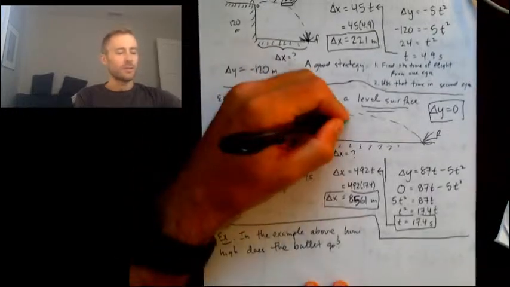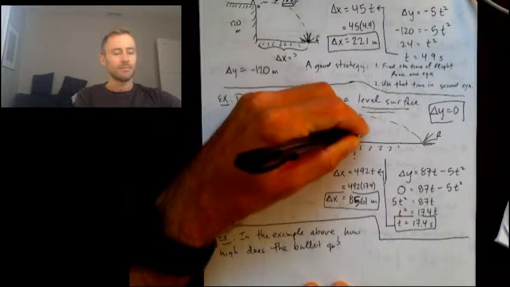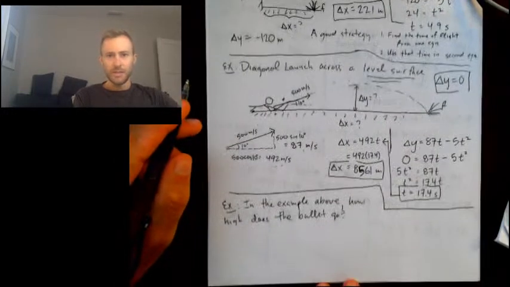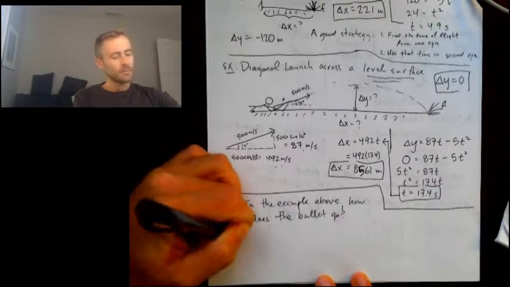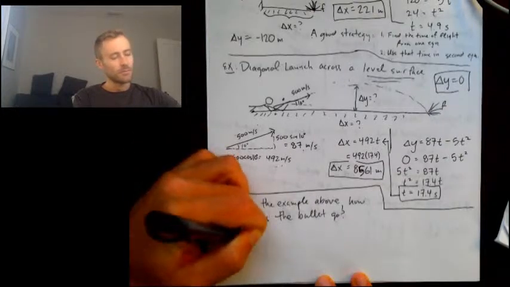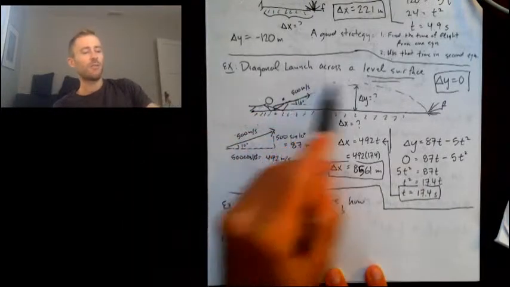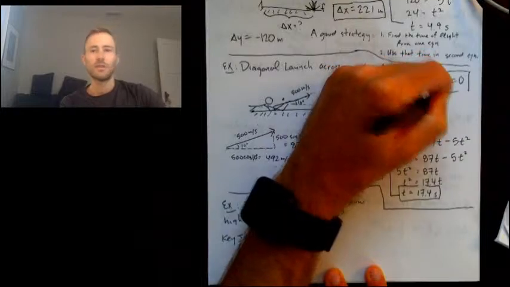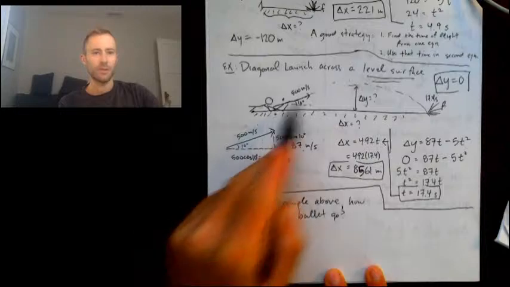So basically what I'm asking is, what is delta y right here? Okay? So the key idea for this problem: the entire time of flight is 17.4 seconds, and this is a symmetrical arc that the bullet is going in.